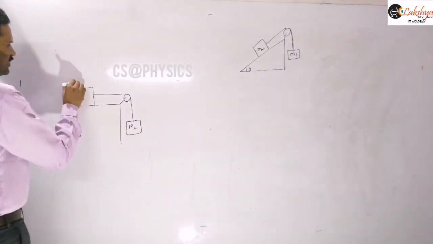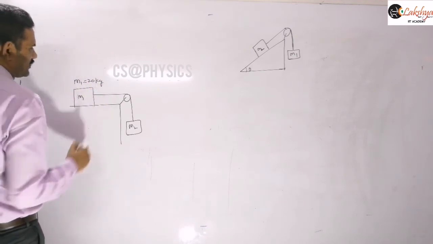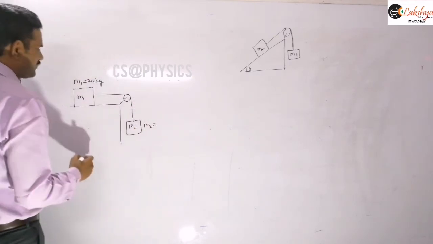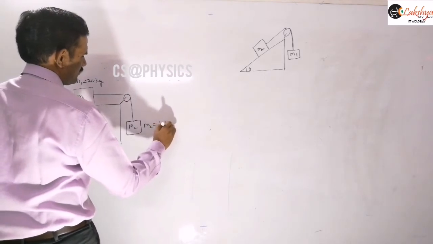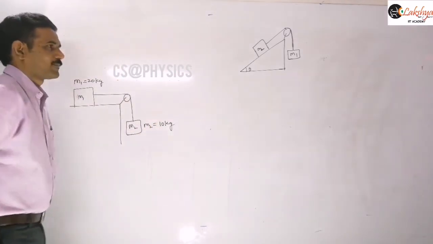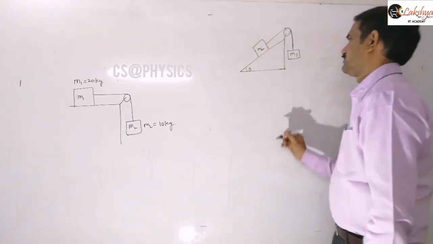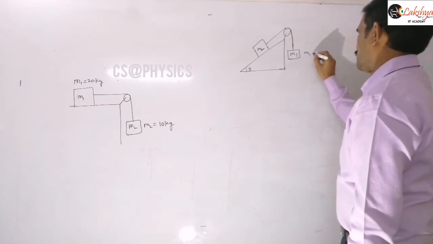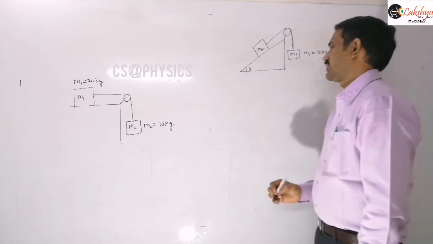Suppose I am taking this side M1 is equal to 20 kg, right? And M2 is equal to, let us take this as 10 kg. And here let us take M1 is equal to 10 kg, right?